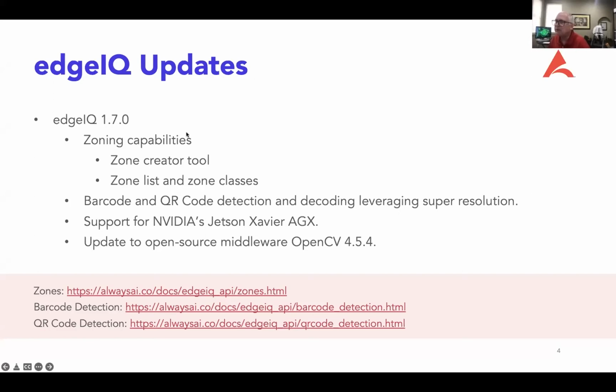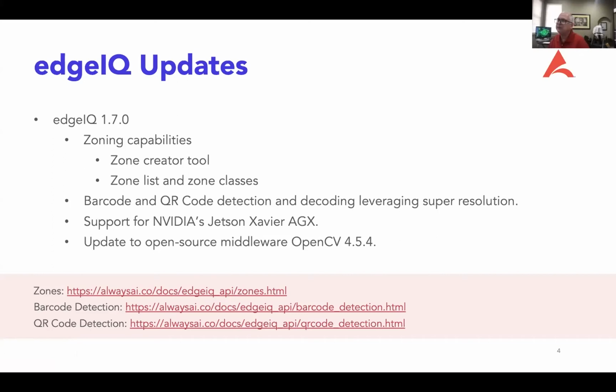We've also added barcode and QR code detection and decoding. What's unique about this solution is that we stayed with being a machine learning computer vision company, so we're using a technique called super resolution.